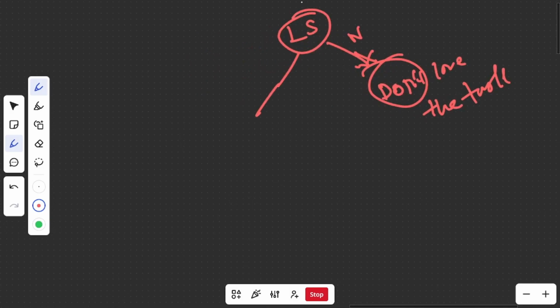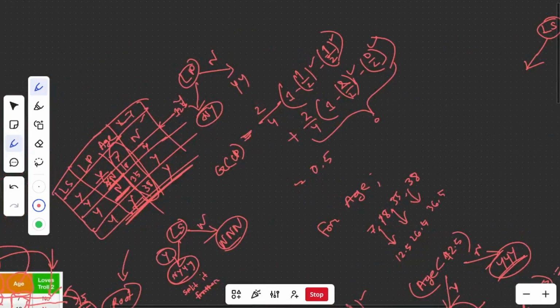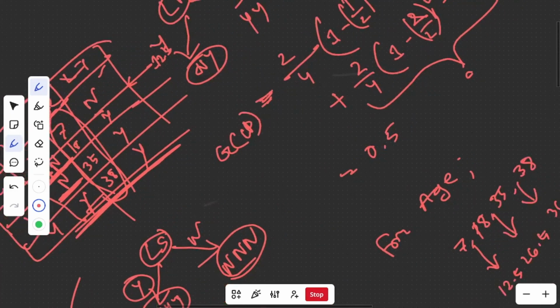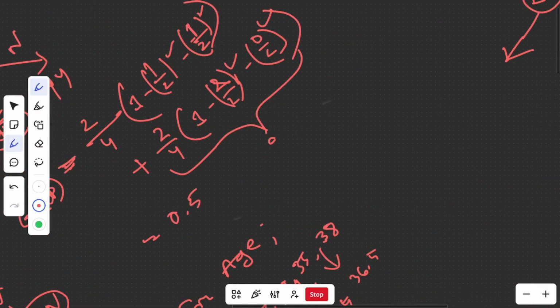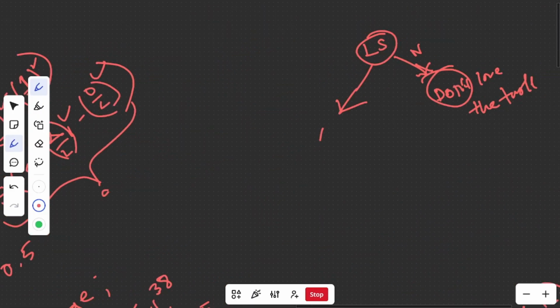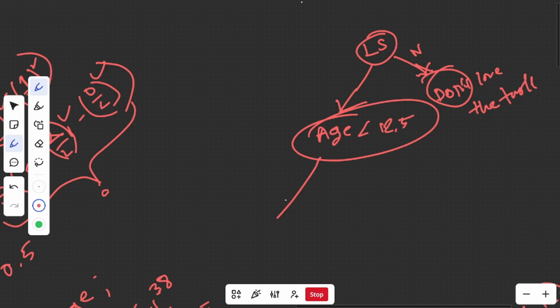And here was some mixed data, so we split it further. Then we found a decision that age less than 12.5 will be picked.